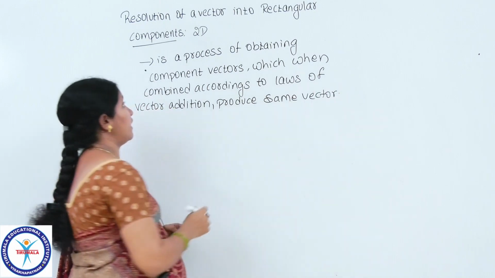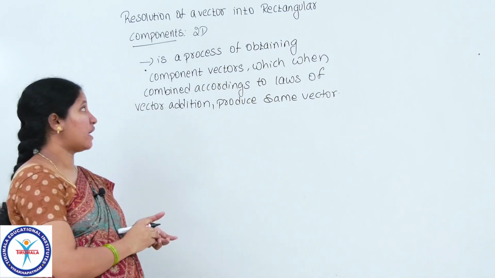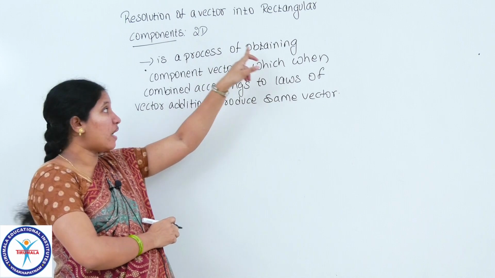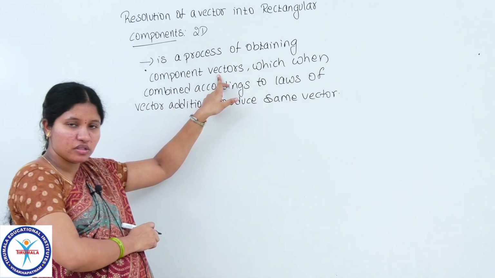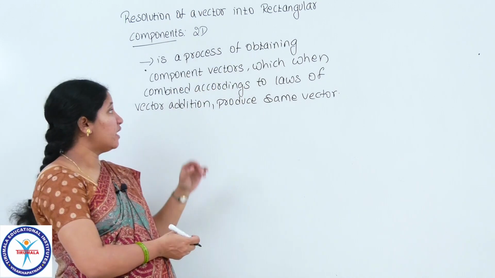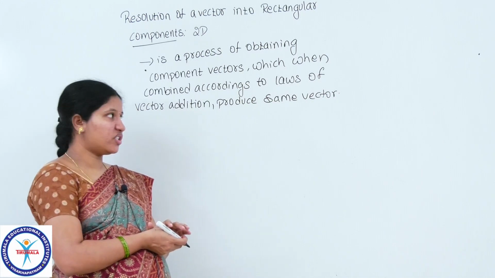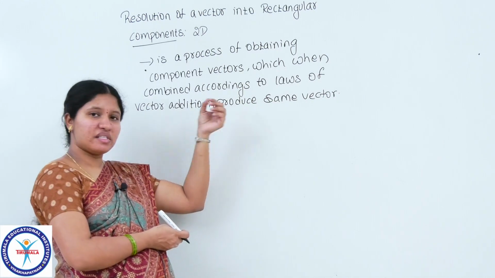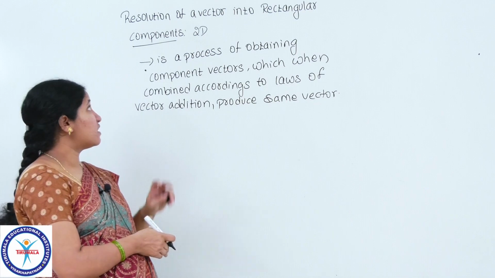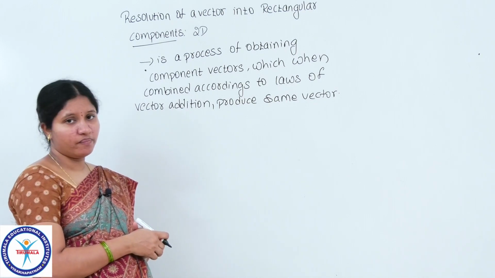So, we can define the resolution of a vector as a process of obtaining the component vectors which when combined according to vector addition we get the same vector. That process is known as resolution of a vector.